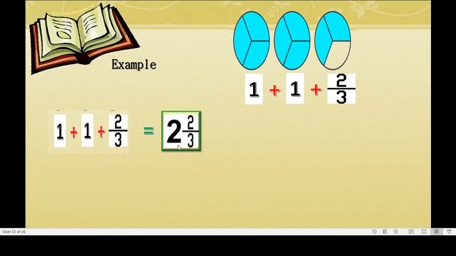Let us read this as 2 and 2/3. This represents a mixed number.